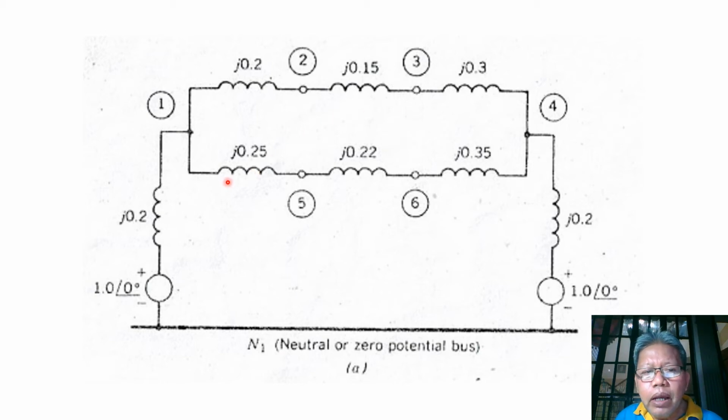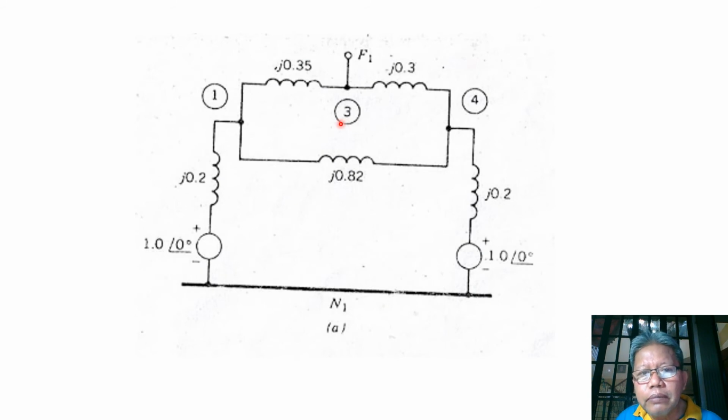So how can we do that? Notice that we have these three reactances in series, so we can combine them together, and these two are also in series, so we can combine them together. Then we have the remaining reactances and voltages. After combining these reactances, our network would then become like this.